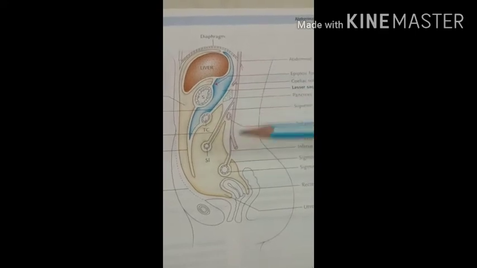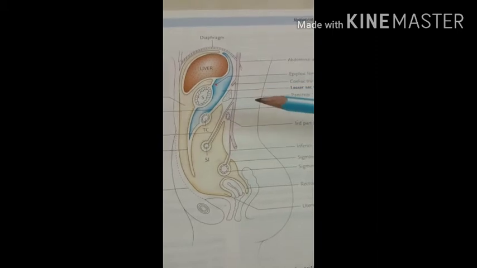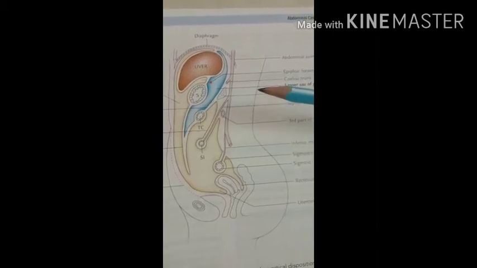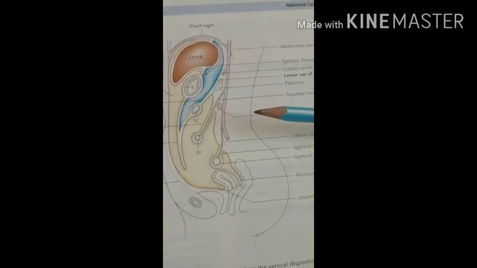Between the two layers, the blood vessels, lymph vessels, and the network of nerves, that means the parasympathetic and sympathetic nerves, are present.